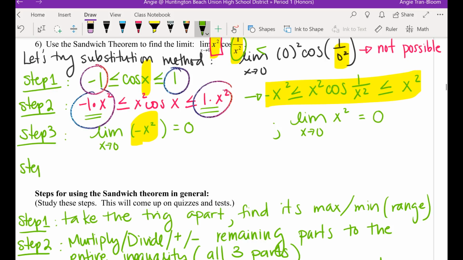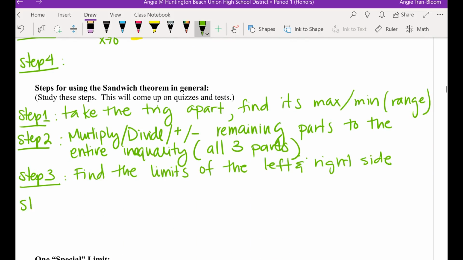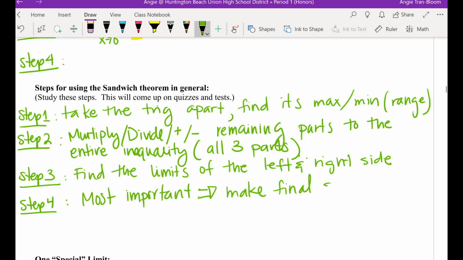Last step, step 4. Most important, make your final statement. What do I mean by that?